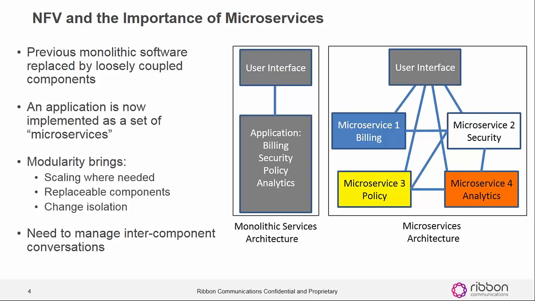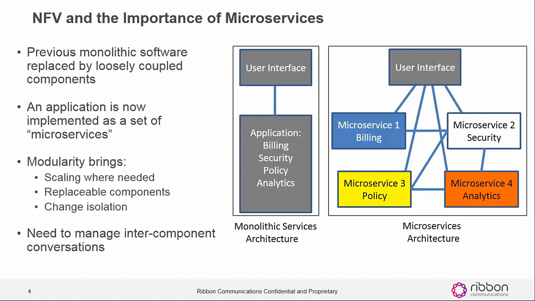Microservices now takes that and breaks it into loosely coupled components. So instead, each of these pieces can be separate and managed separately, yet they provide together an application. That's shown on the right-hand side, where a series of functions is broken out, and together they make up whatever application is being used here.